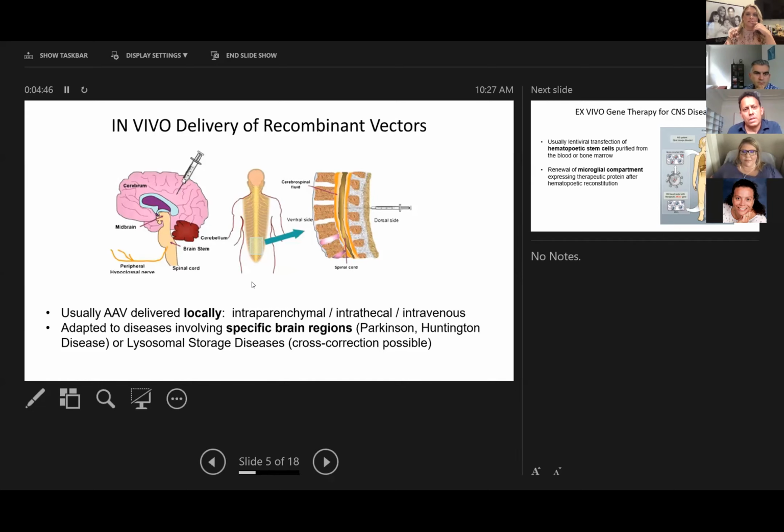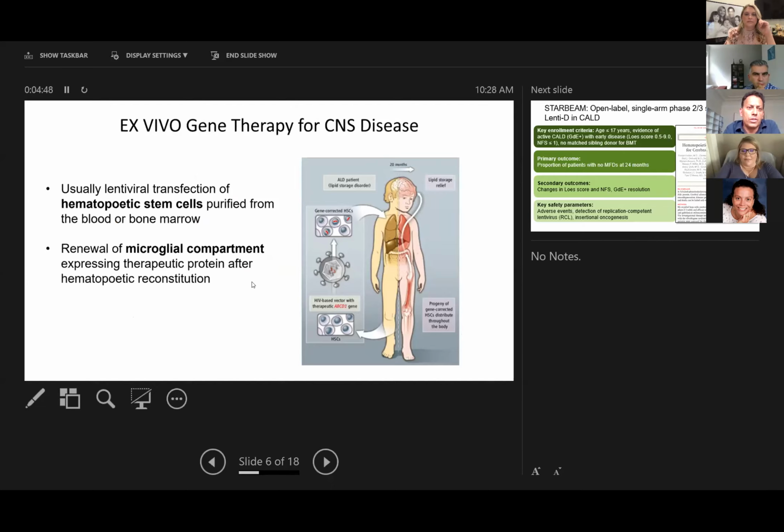So now switching to ex vivo gene therapy. As I said before, the most common form of ex vivo gene therapy for the leukodystrophies is that using bone marrow cells that we call hematopoietic stem cells. And these are transfected in a dish using commonly a lentiviral vector.